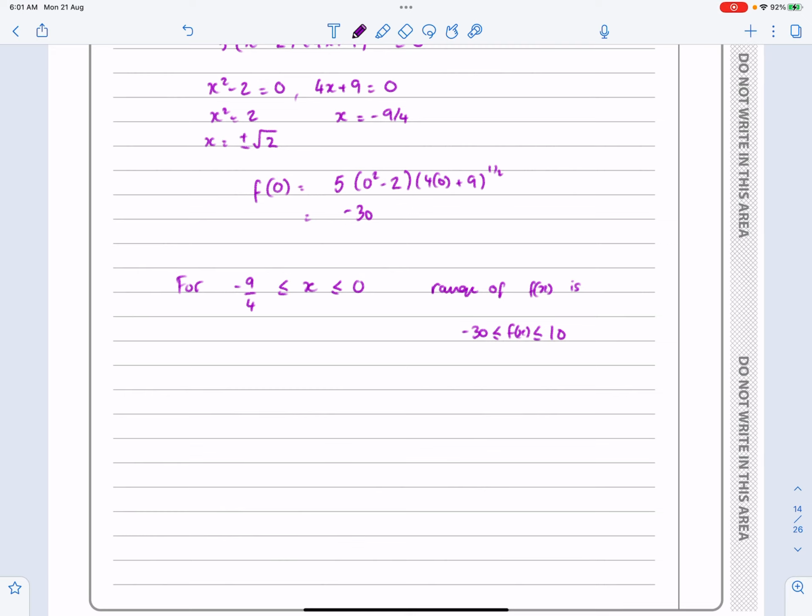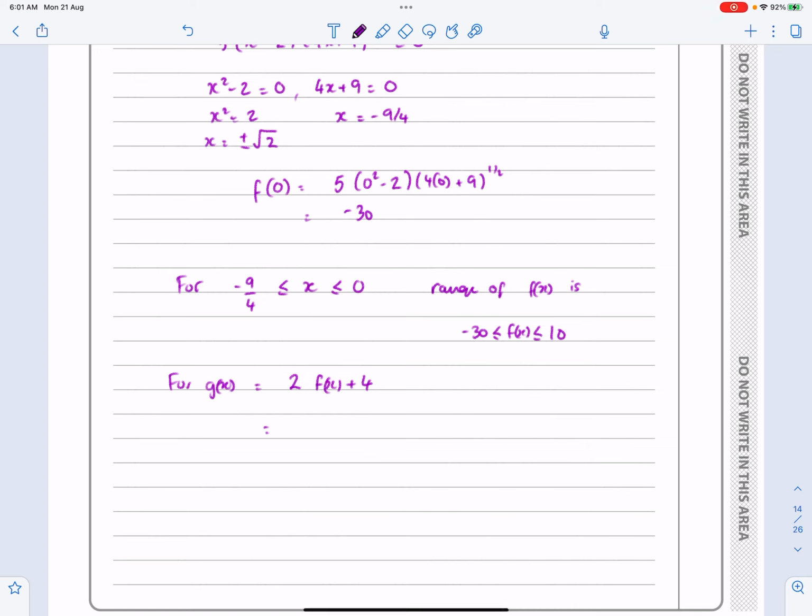For g(x), which is equal to 2f(x) plus 4.